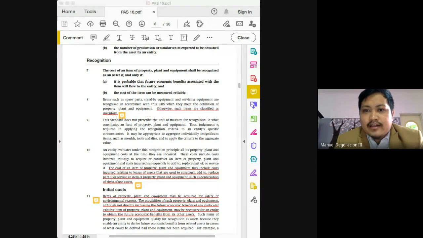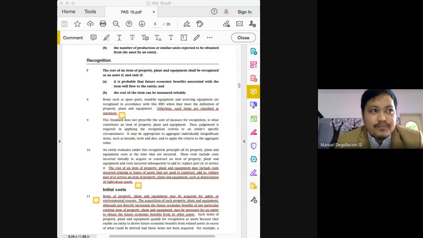Okay, and this is not the first time you should be encountering the term recognition, class. If you'll remember, in the discussion of the conceptual framework, there is a chapter dedicated to recognition.